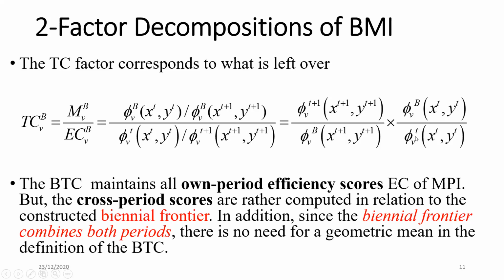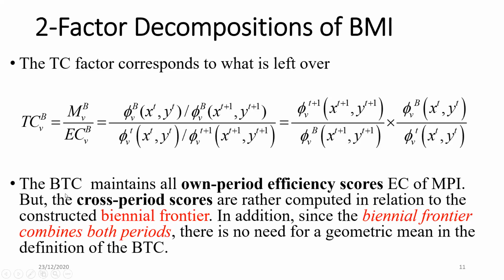Do you see what I mean? So the technical change part has the biennial frontier being measured in relation to, and then the other frontiers are also being used. We'll find out exactly why that is so.